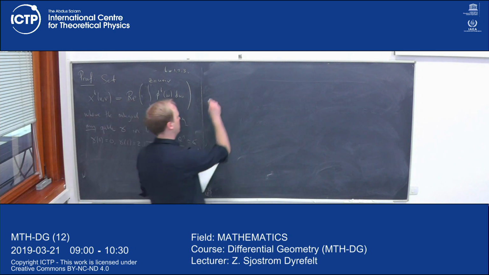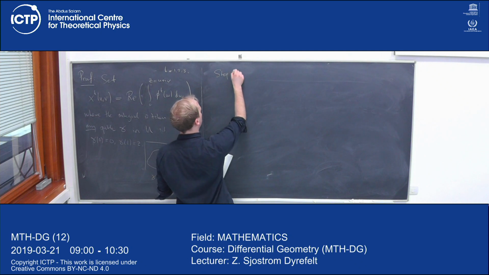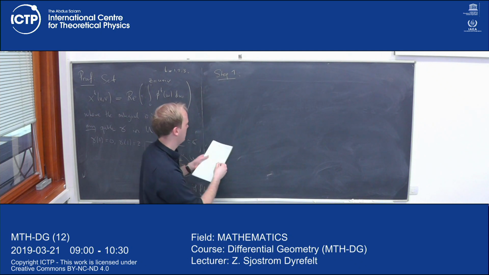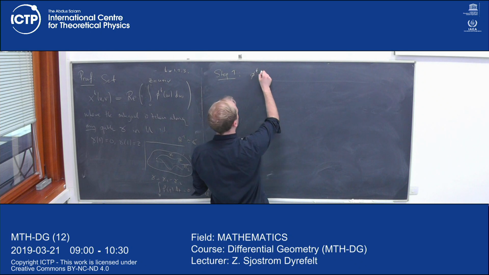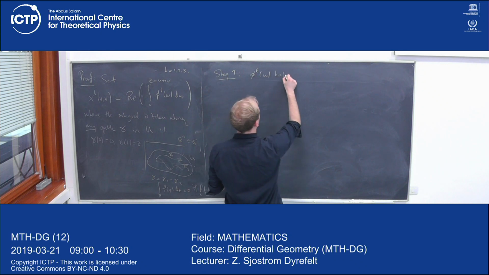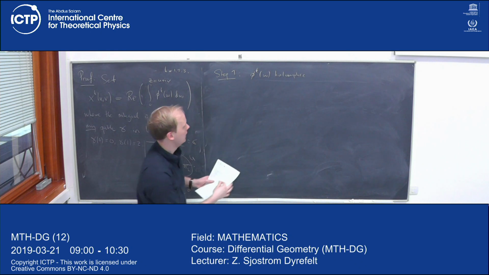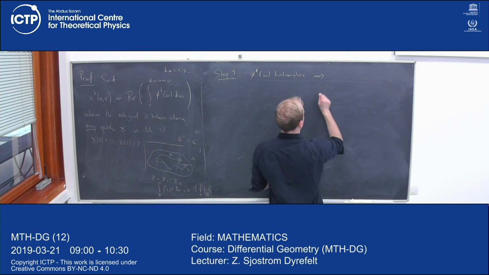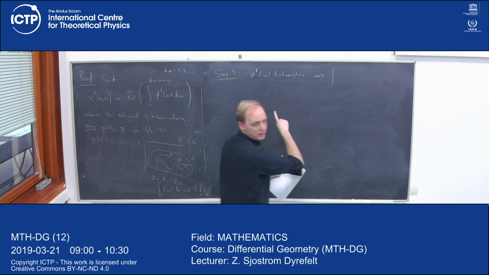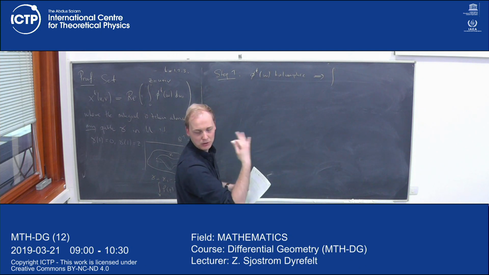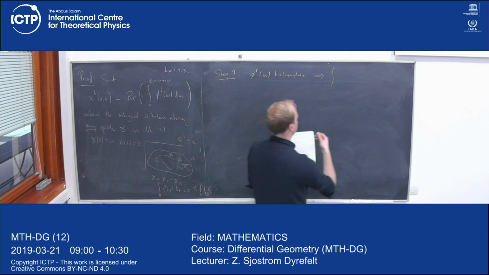Okay, so step one. So this is not hard, but phi k of W is holomorphic. So this was by assumption. We took phi k all these holomorphic functions.